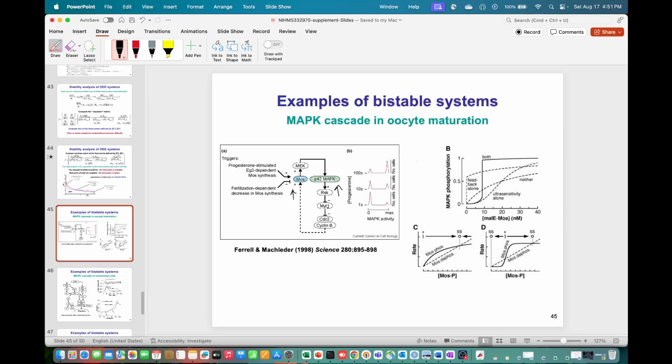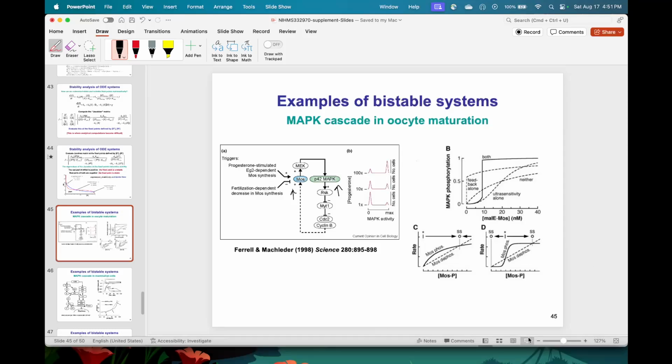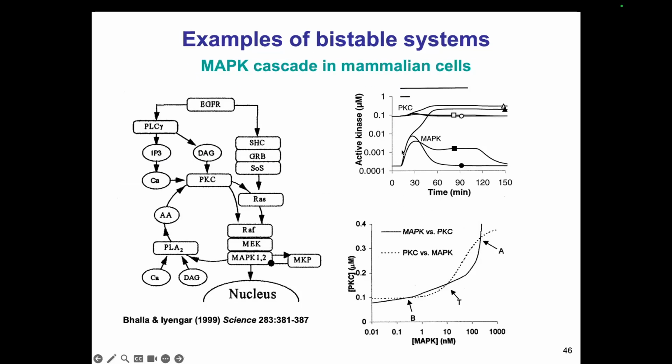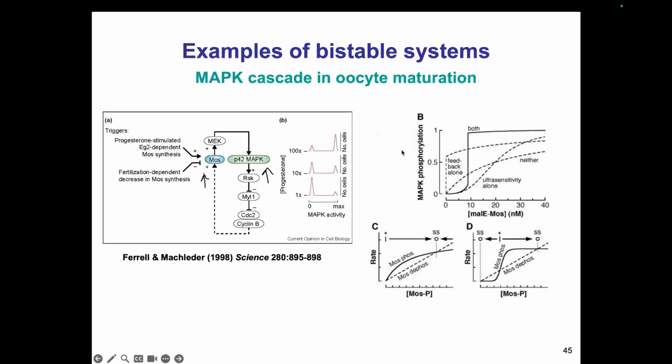MAPK is basically MAP kinase, a kinase which helps in phosphorylation of different types of proteins in the signaling cascade. But yeah, this is a positive feedback loop. Now, these are the diagrams describing the system.